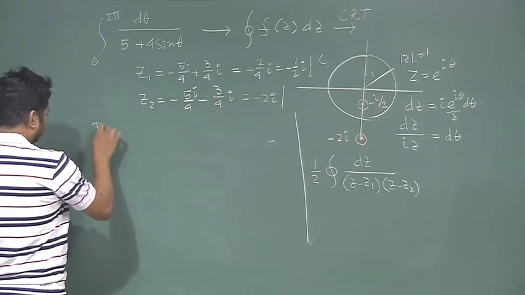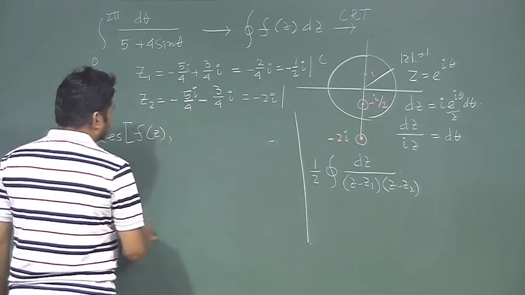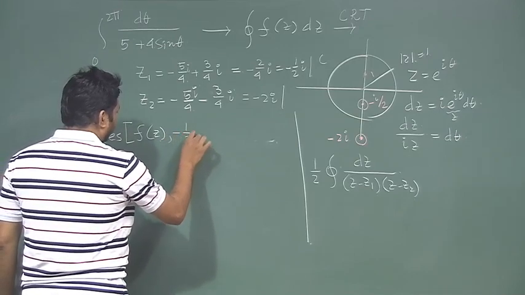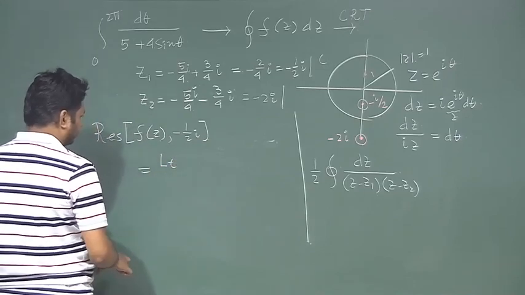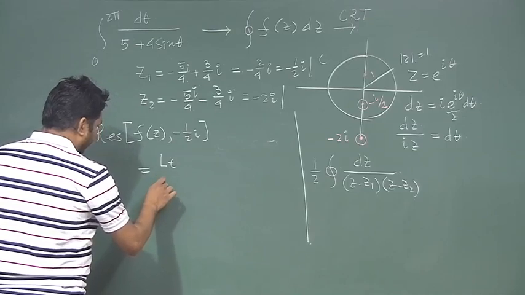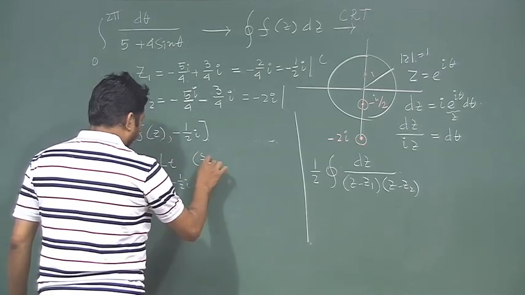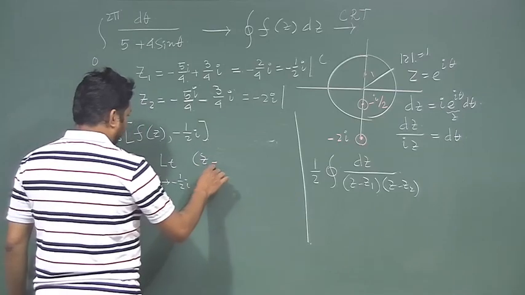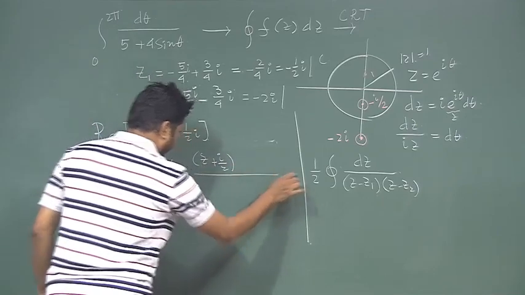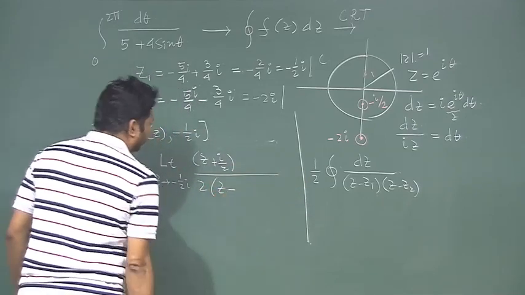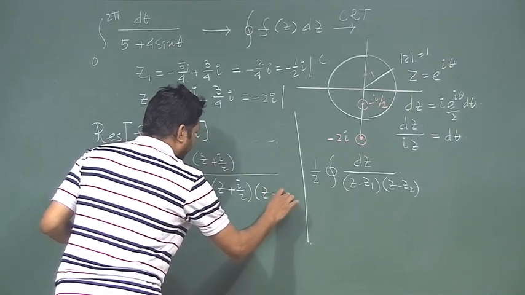The residue of this function f(z) at minus I by 2 is the limit as z tends to minus half I of z plus I by 2 times the function, which is 2 divided by z minus I by 2 and another factor z plus 2 I.